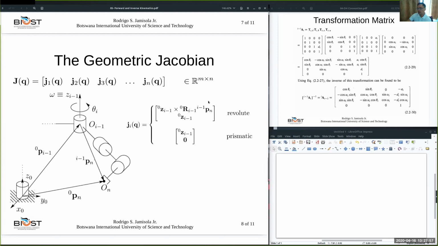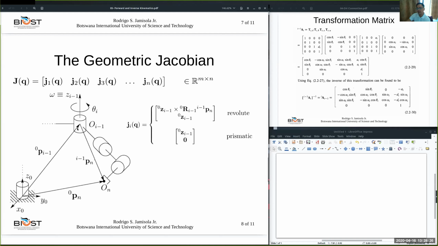First of all, there are two major components. One component is the position vector, and the other component is the z-axis. The z(i-1) axis, as shown in the figure, is where link i rotates. This is link i, and this link i connects up to the end effector.